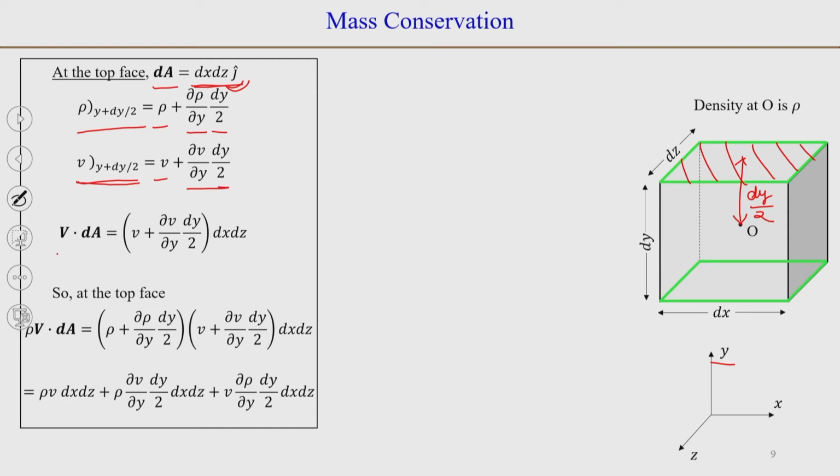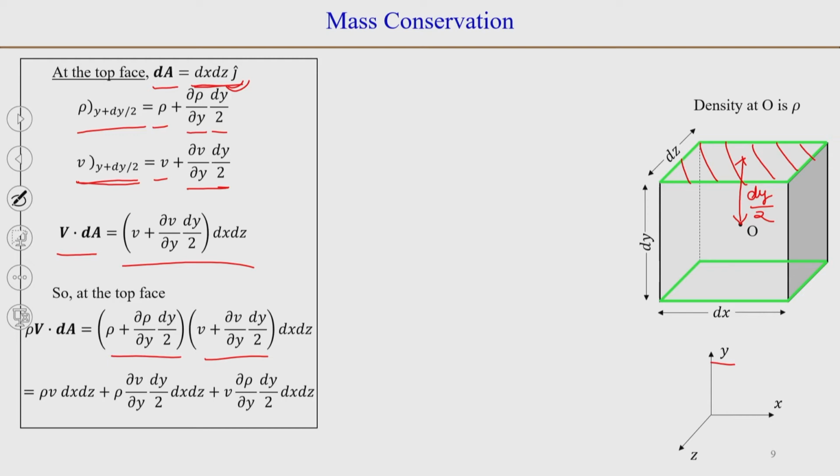So, we can write v dot dA and find out rho v dot dA at this top plane. So, you will have rho being rho plus ∂rho/∂y into dy by 2, into v dot dA, which will be positive, because both the velocity component and the area vector will be pointing out in the positive direction.